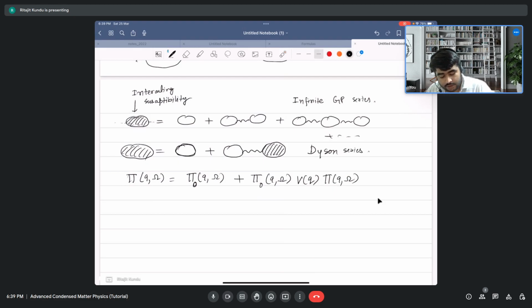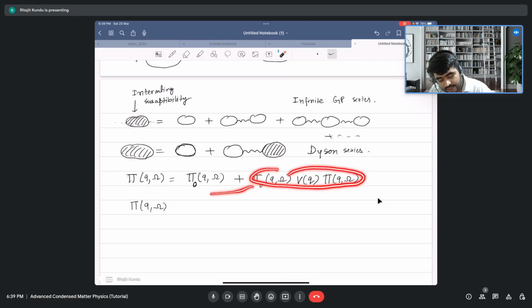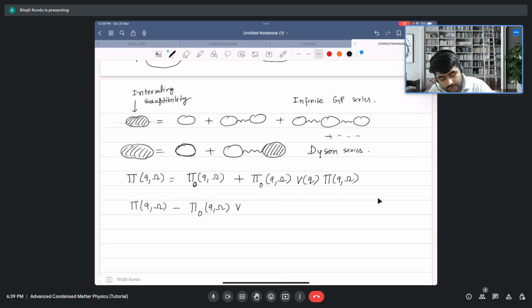Now let's try to solve and find this pi of Q and omega. Let's bring this piece onto the left hand side. Then it becomes pi of Q omega minus pi naught Q omega V of Q pi of Q omega is equal to pi naught Q and omega.